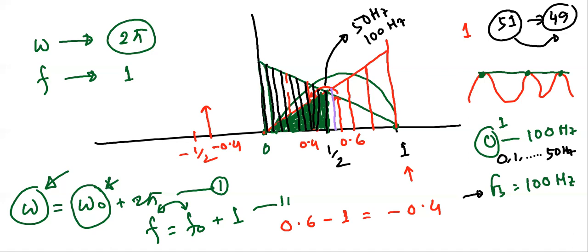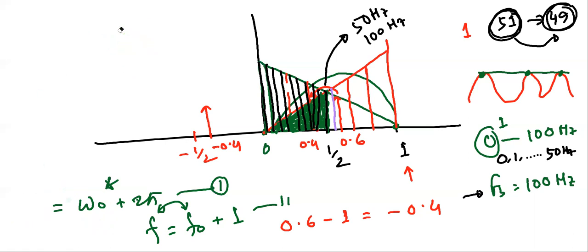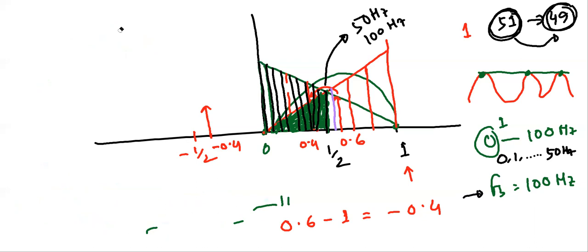Yes, there is another problem. Say you have 51 hertz, and it is converted to 49 hertz. Do you already have the 49 hertz frequency in your spectrum? Do you have 49 before? Yes, sir. You already have 49.